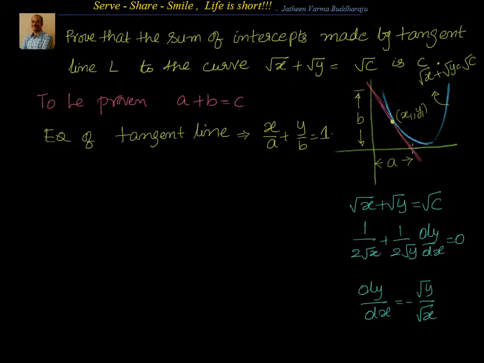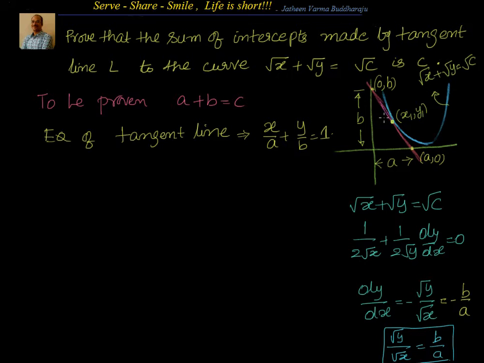If I take the x-intercept as a comma 0 and the y-intercept as 0 comma b, the slope is given by minus b by a. So we found that root of y by root of x equal to b by a. This is one important condition for us. We got one. So what we have done is found the slope and equated it to the double intercept form.